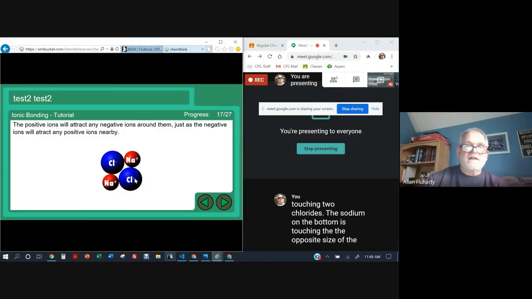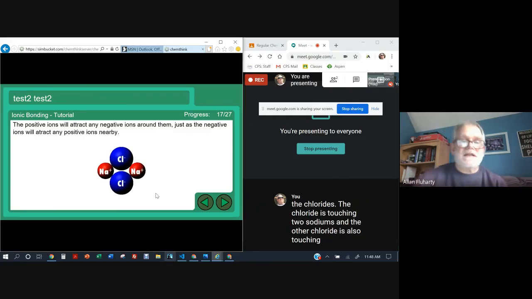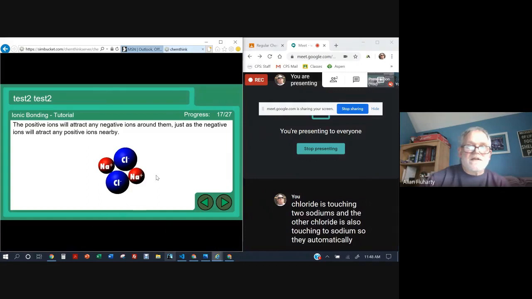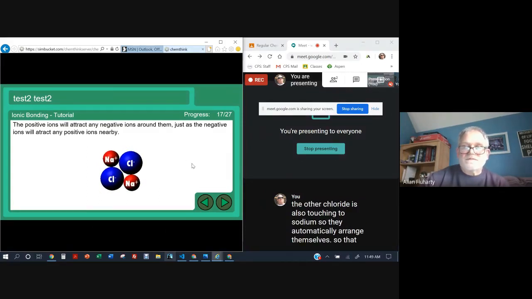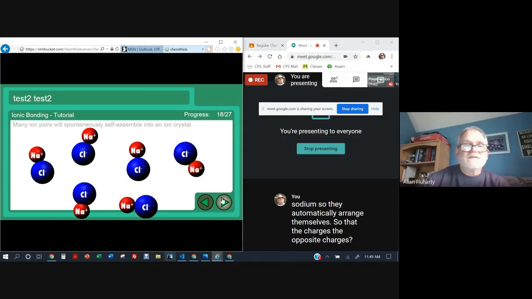The chloride is touching two sodiums, and the other chloride is also touching two sodiums. So they automatically arrange themselves so that the opposite charges touch each other.